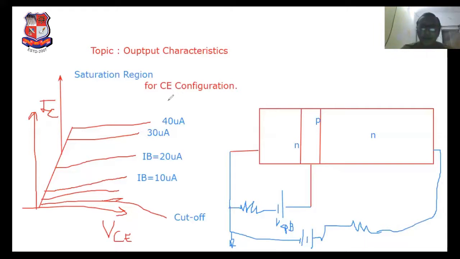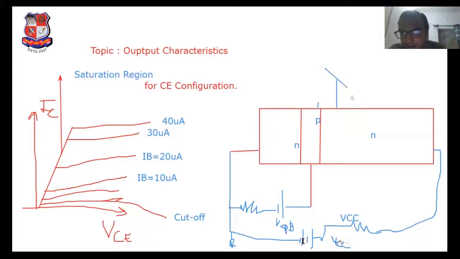Now, if you increase the VCB voltage, see this, this is VCC. I have plotted here VCC. Now, if you increase the collector to base voltage, then there is no change in the collector current.